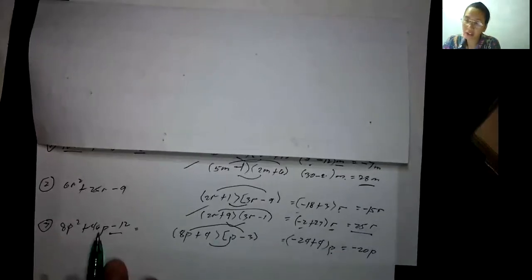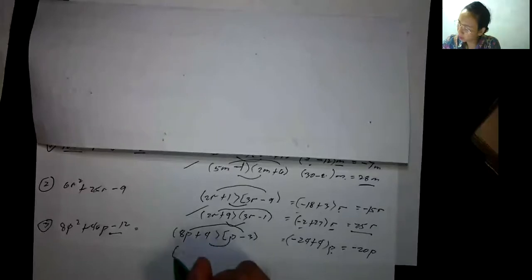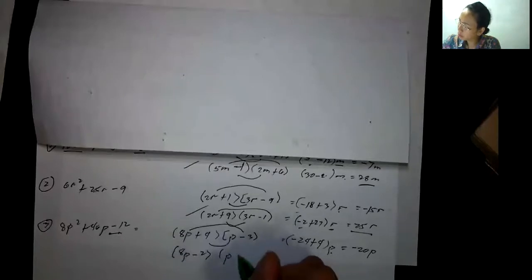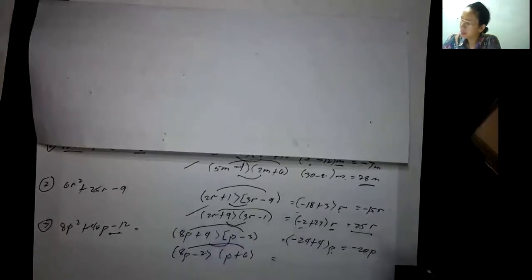Not yet. So let us have another example. That is 8p and then p again. Let's say negative 2 and positive 6 as factors of negative 12. So we have here 8p times 6, that is 48p.